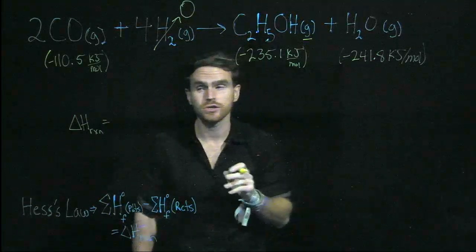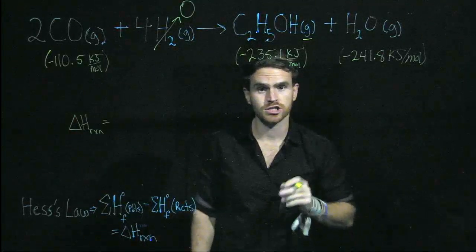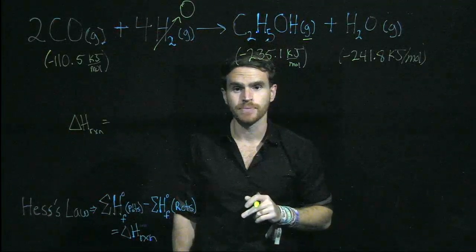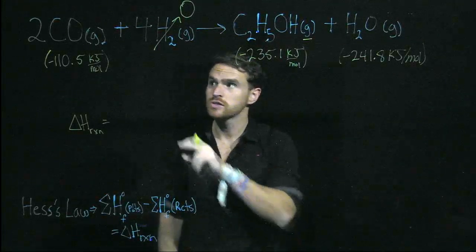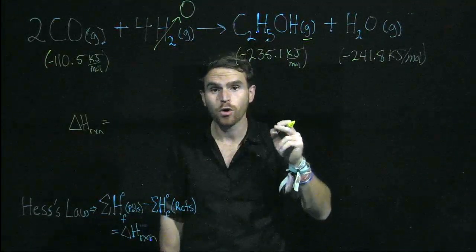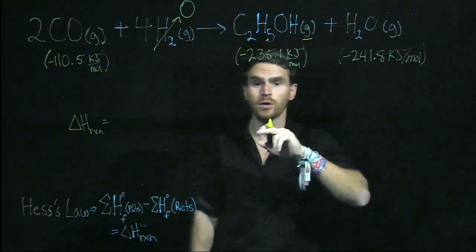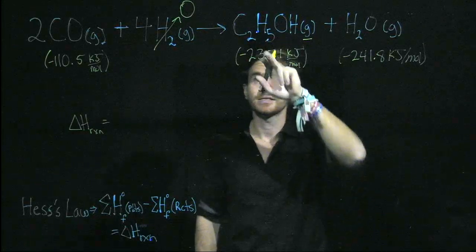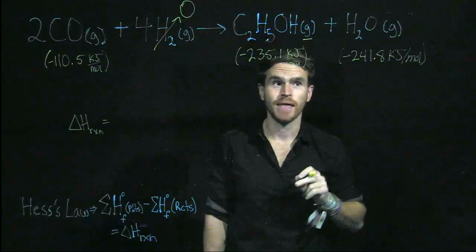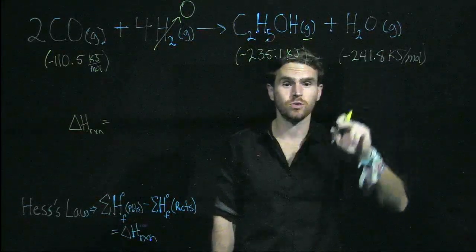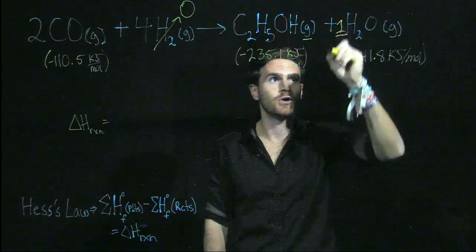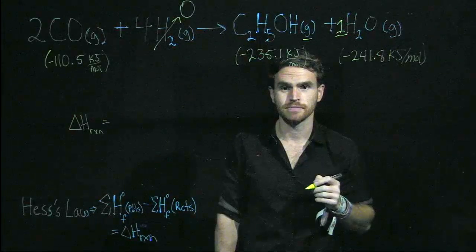You do this by reading the chemical equation properly: 2 moles of CO plus 4 moles of H2 react to form 1 mole of C2H5OH and 1 mole of H2O. Remember, the stoichiometric coefficient of 1 is often omitted in chemical equations.